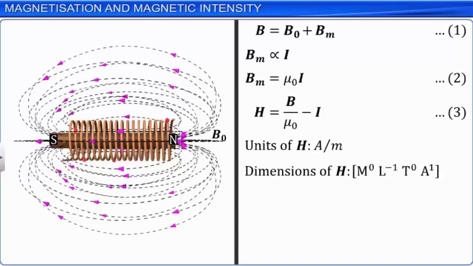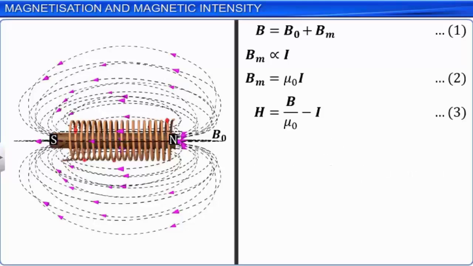Now, the total magnetic field inside the material is redefined in terms of I and H. That is, the external magnetic field applied on the material, represented by H, and the magnetic field due to the magnetization of the material, represented by I. The contribution due to the magnetization of the material I is influenced by factors such as the nature of the material to be magnetized and the applied magnetic field.